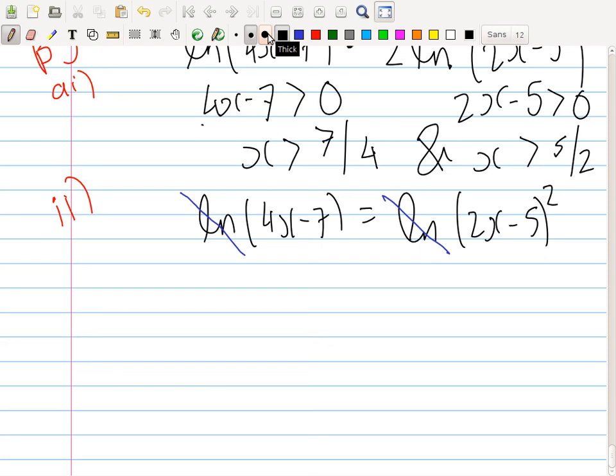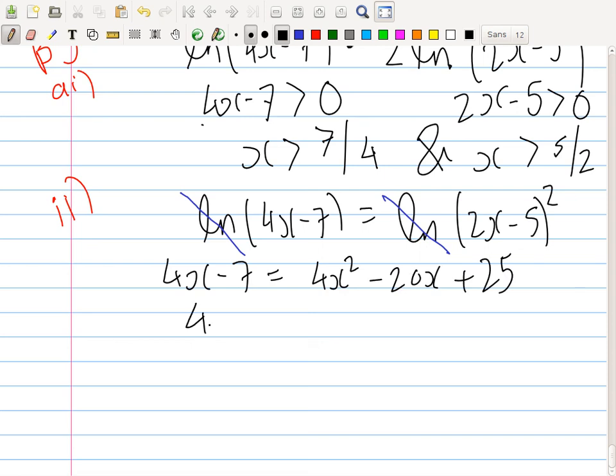What are you trying to do? I'm trying to solve this now, doing part 2 of the question. So I take the power up and then I cancel the logs, and now I have left 4x minus 7 equals 4x squared minus 20x plus 25.